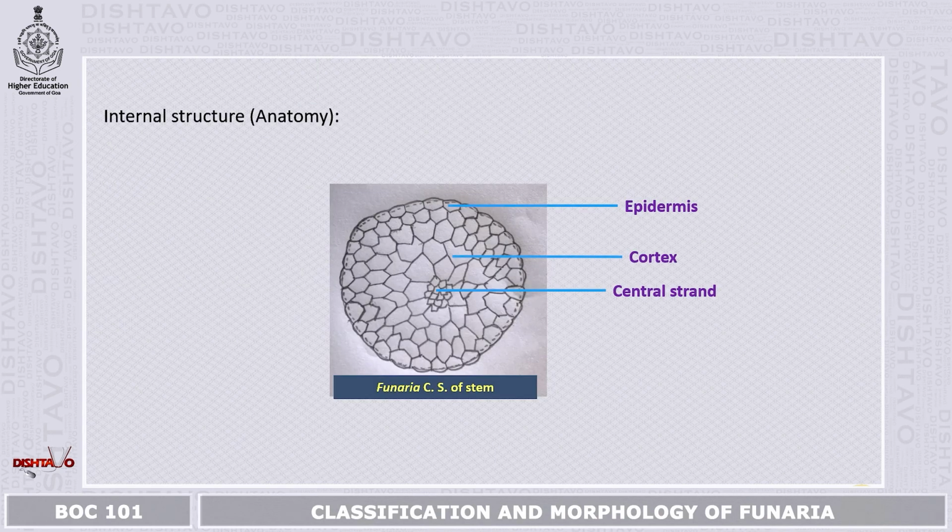Here you can see the internal structure, the anatomy of the stem. This is the cross-section of the stem, and you have the outer epidermis layer and the cortex region with the central strand present at the center.